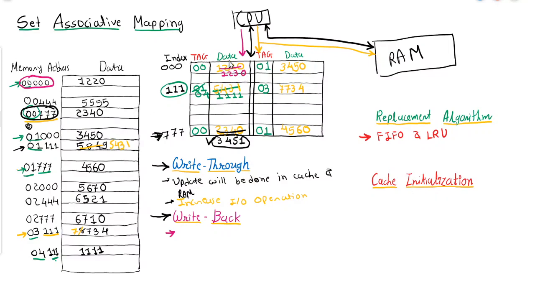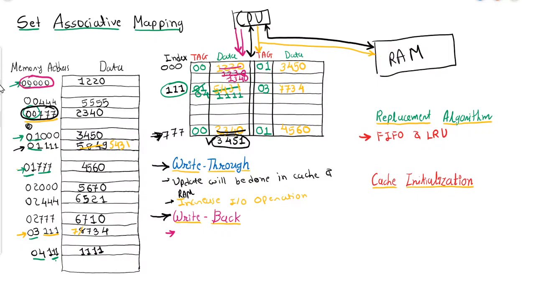Again the CPU uses this value, and then this 1230 becomes 1340. Now you see, in write back the CPU is not going to update this value, meaning it is not going to reflect this change into the RAM. It will maintain only a local copy.